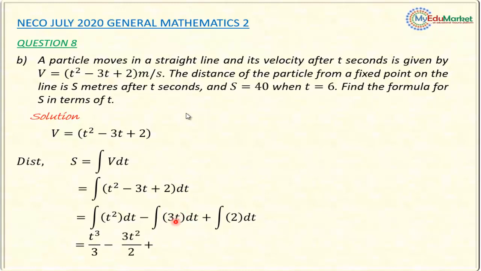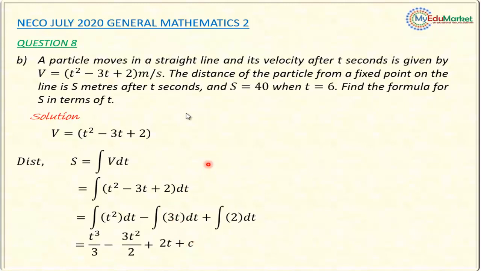So I'm going to have 3t squared divided by 2. This 2 over here is like 2t raised to 0. The t that is not seen here is there with power 0. So power 0 increased by 1 gives power 1, so t raised to 1 is t divided by 1. So there I'm going to have 2t, then plus a constant of integration, that is c.